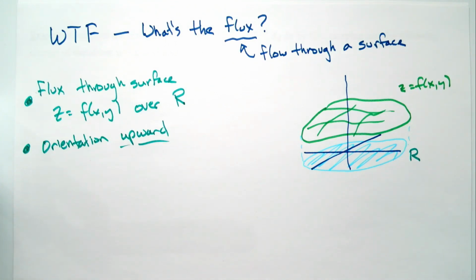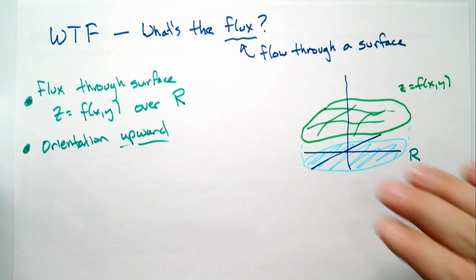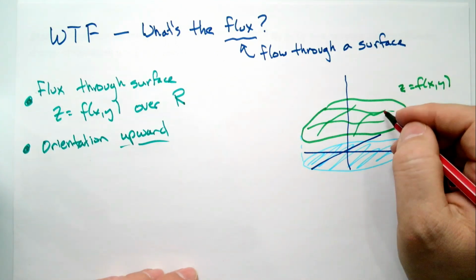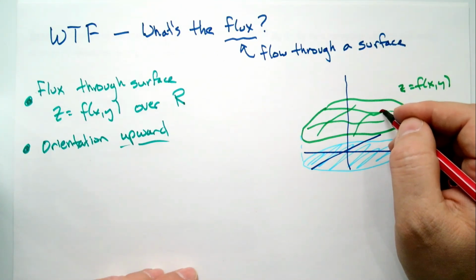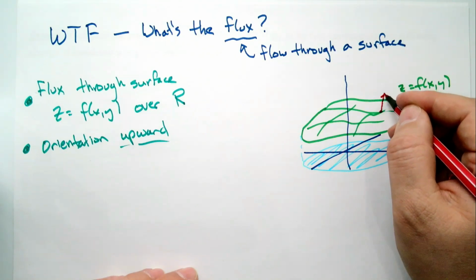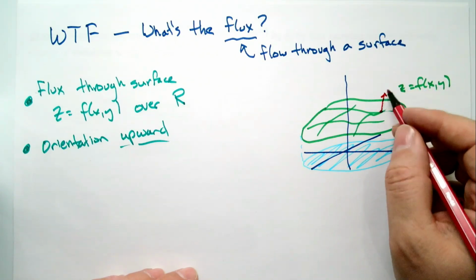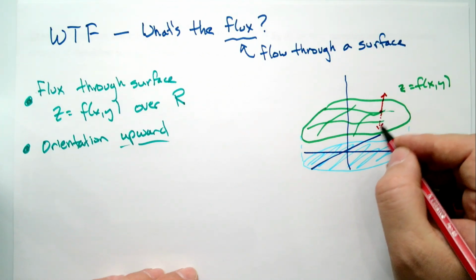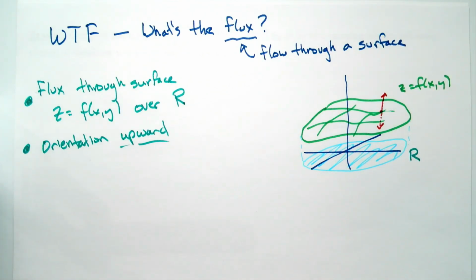And when we talk about orientation, we mean the surface has an orientation, so that if you were to look at any particular point on the surface, I could be perpendicular to it in one of two ways. I could either be perpendicular, generally speaking, going in an up direction, or perpendicular, generally speaking, going in a down direction. But the default is up. So that's the formula that we're about to write down.